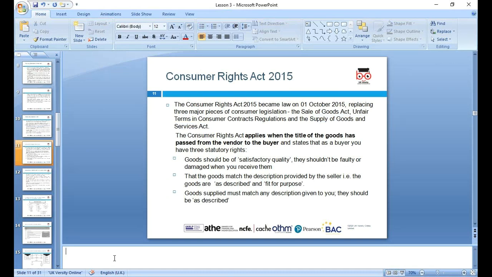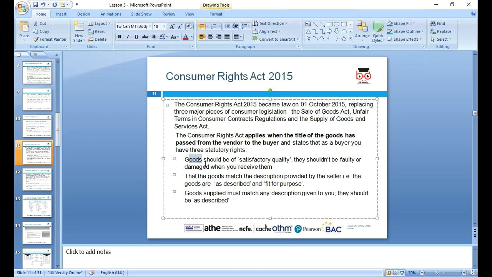It's about goods that are not fit for purpose. Say you bought a book for a little one, and it turns out to be for 18 plus. The good is not fit for purpose, and we have a right to return it.